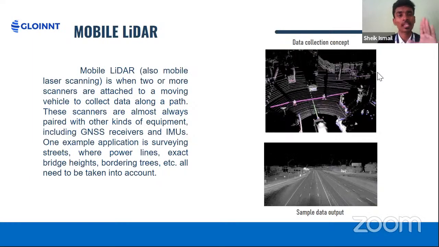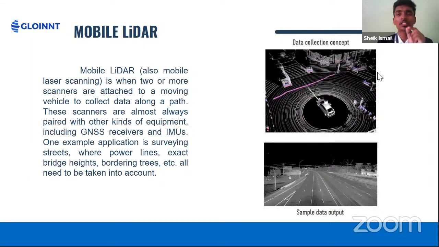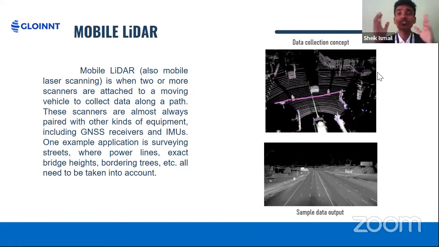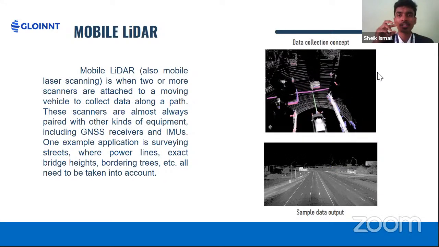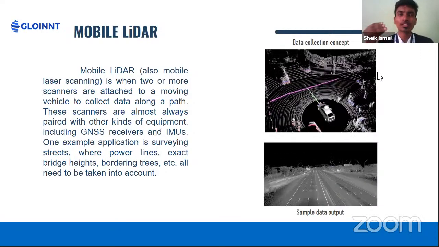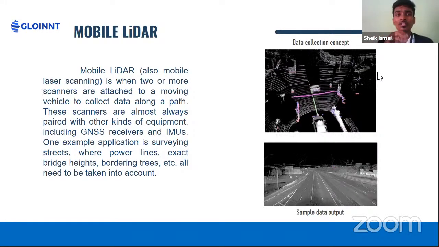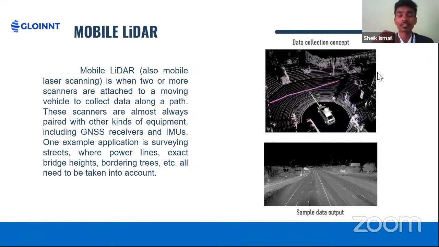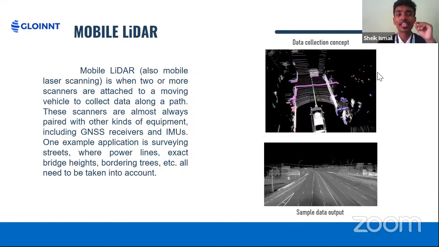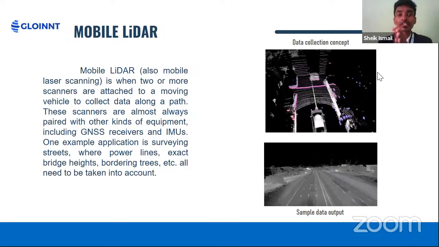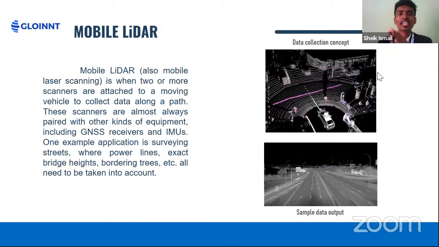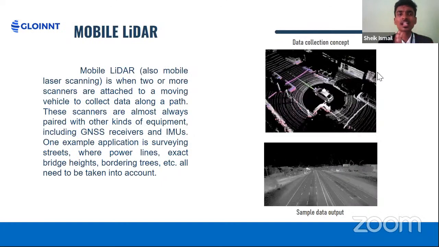Mobile lidar is especially used to capture features nearby, at the side of the system. Mostly we use it for corridor mapping and roads, existing features, detailed information on the earth's surface. These scanners are almost always paired with other kinds of equipment, including the GNSS receiver and IMUs.